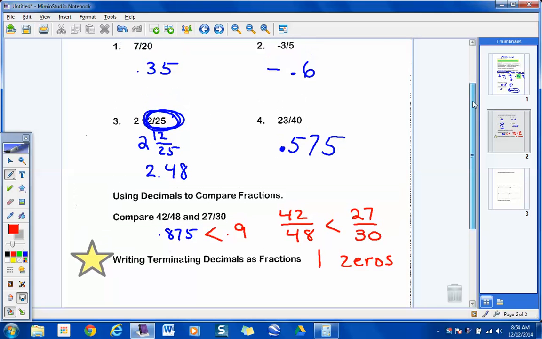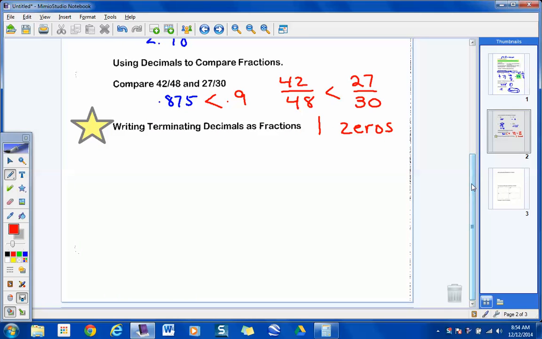In fact, I'm going to use one of our decimals that we had. I want you to change 0.35 and write this as a fraction. Now listen to me on this. Fraction, and this is the part where it's going to get tricky, fraction in simplest form.